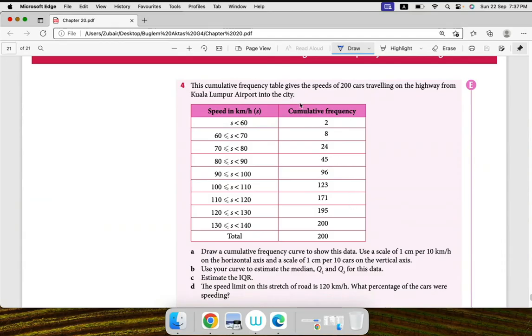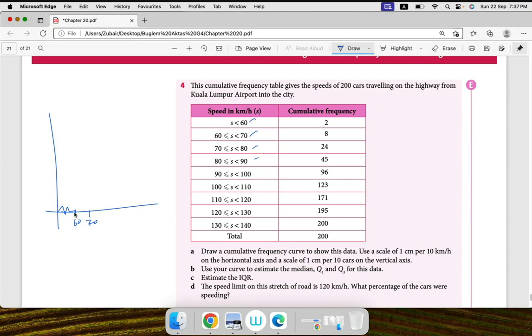So cumulative frequency is already given. Drawing the curve, I'm just making a random sketch. On the x-axis, we would use 60, and then 70 upper values will be used.